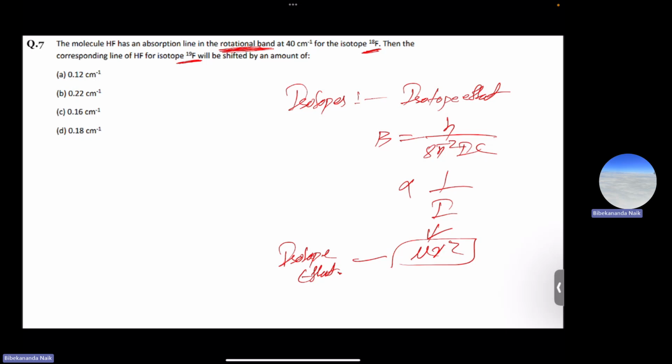So if we discuss, first we need to find out the value of B. Here it is given that the absorption line in the rotational band is at 40 centimeter inverse.